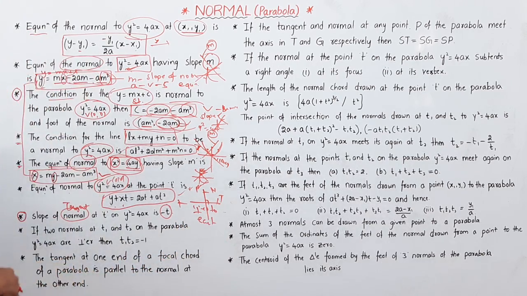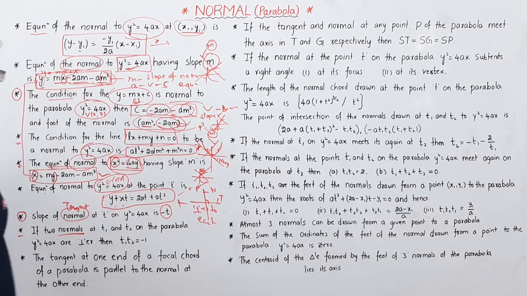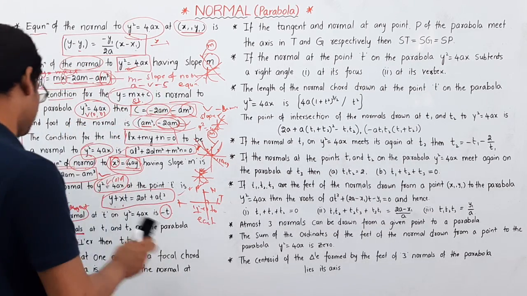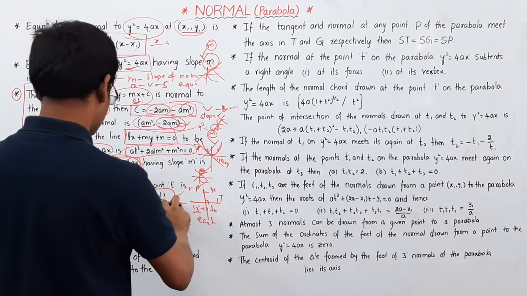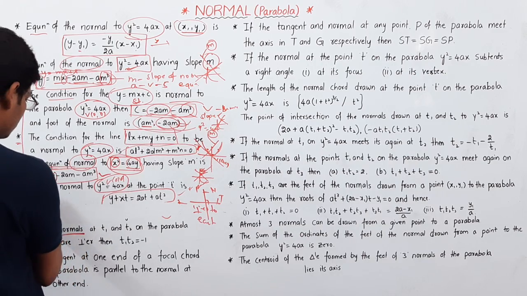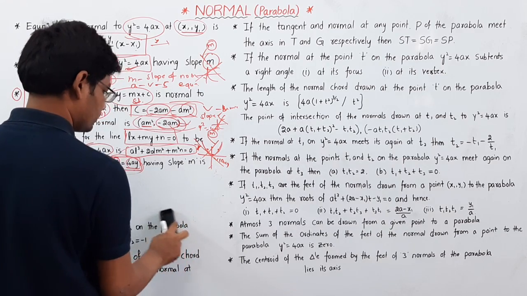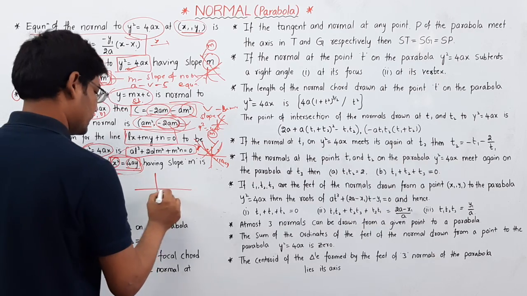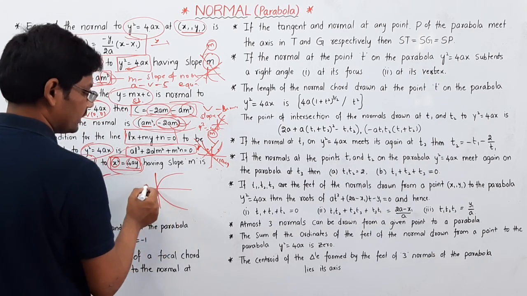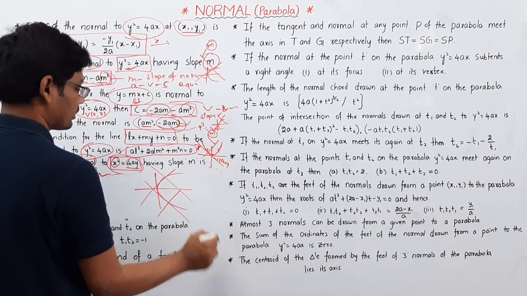So this is all about this point. And the next point is, if there are two normals, for example, this is a parabola and this is one tangent and normal, and this is another tangent and normal.